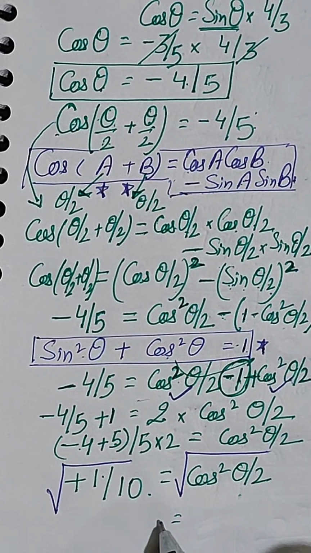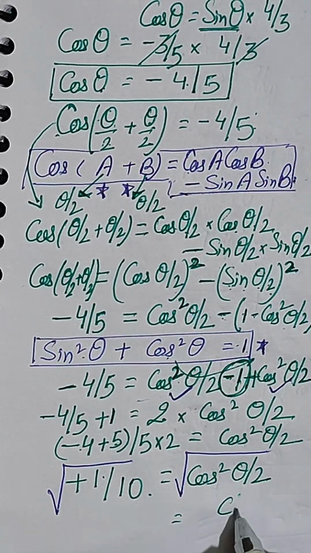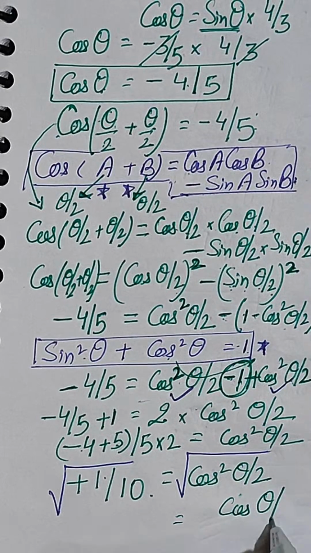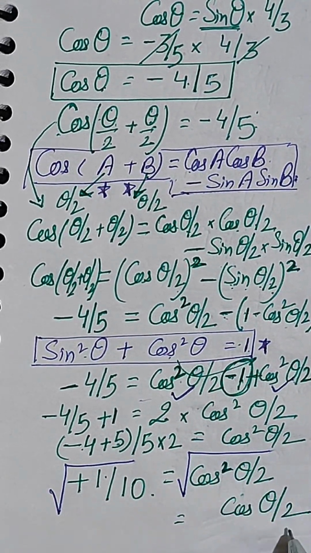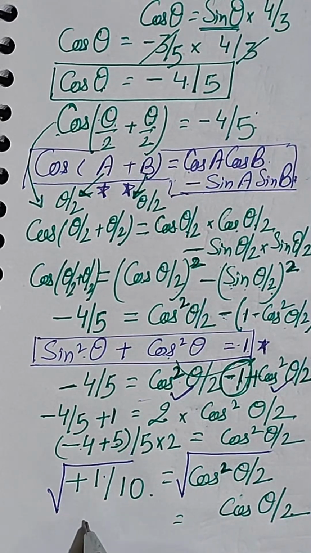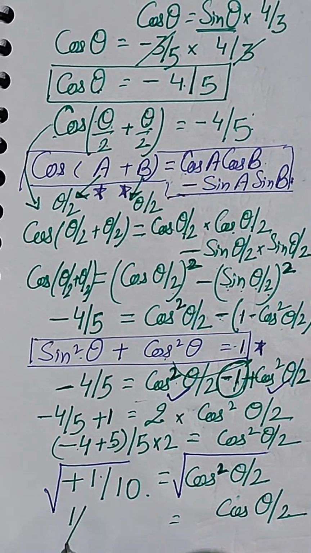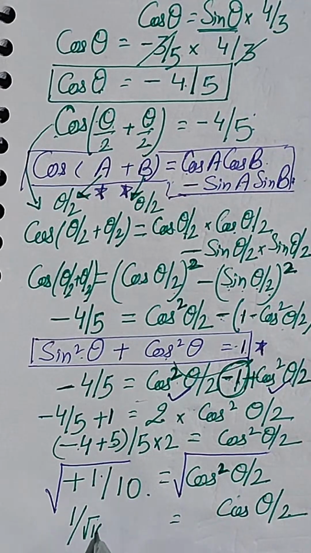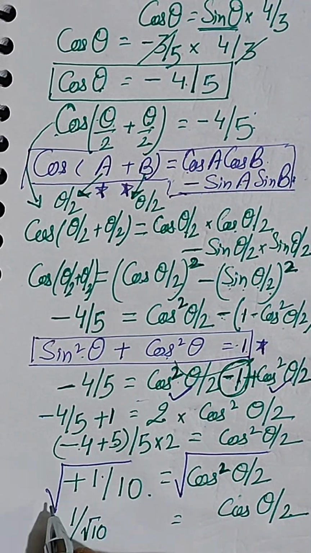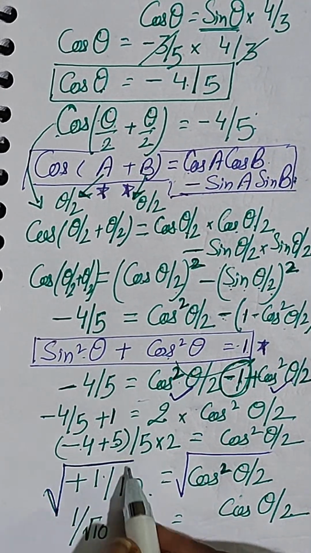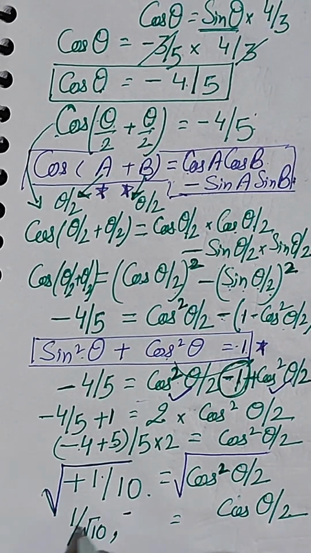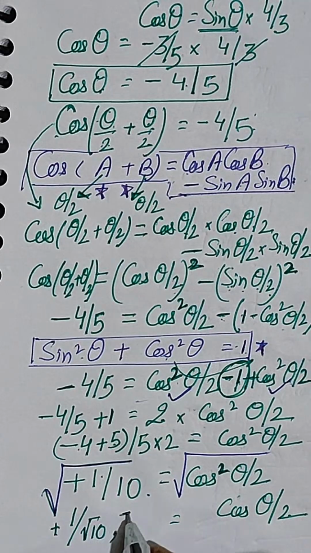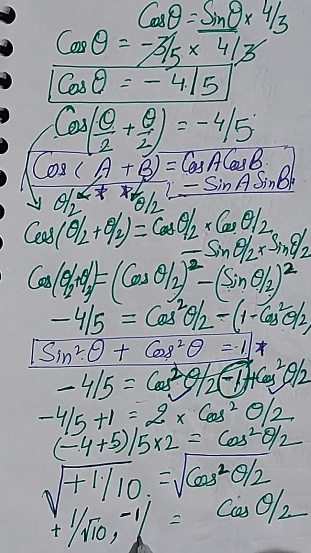Because the square is there inside the root, it will come out. This will give you two values of cos theta by 2. One is 1 by root 10. So being a radical under the root, we will have two values: one is plus 1 by root 10 and one is minus 1 by root 10.